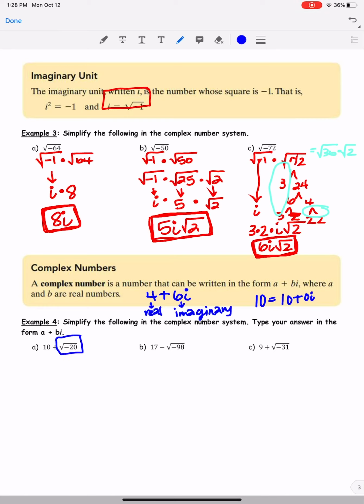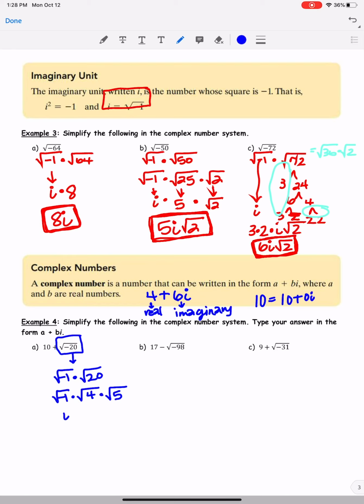So I'm only going to focus on this part for right now. The square root of negative 20 is negative 1 times 20. The biggest perfect square that goes into 20 is 4. So this is the square root of negative 1 times the square root of 4 times the square root of 5.